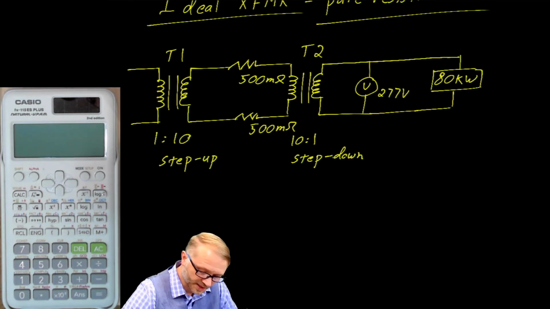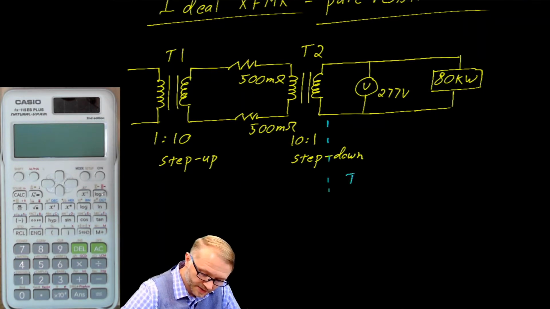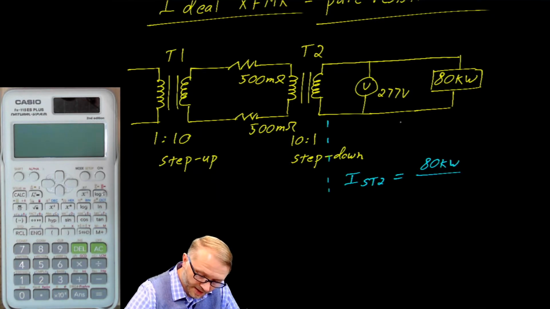We start this problem at this point right here, where the current in the secondary of T2 is equal to a power, 80 kW, over a voltage, which is 277. That gives you about 290 amps.